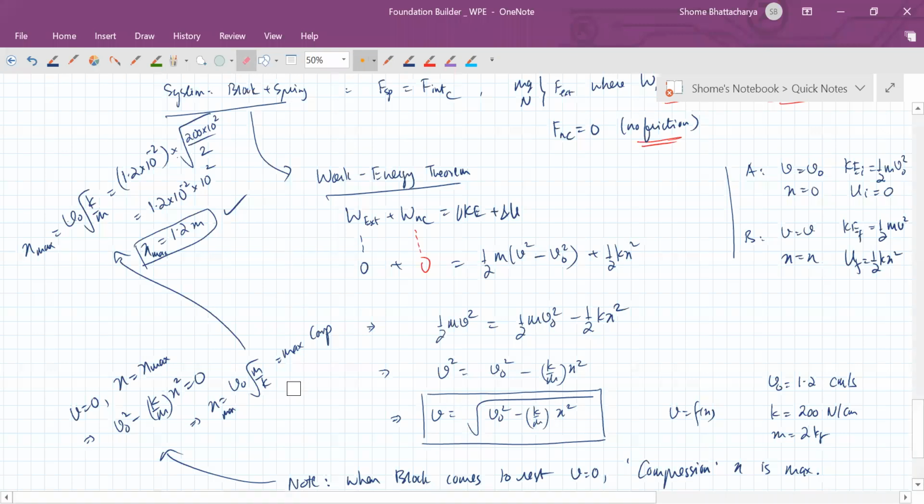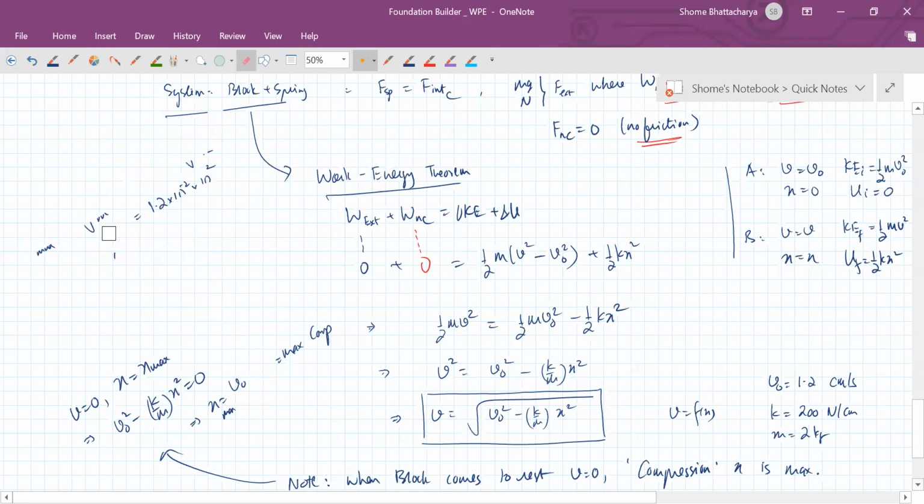Just a minute, people. I have made a mistake of formula over here. This relation will give you X max as V naught into square root of M by K and not K by M. Okay.